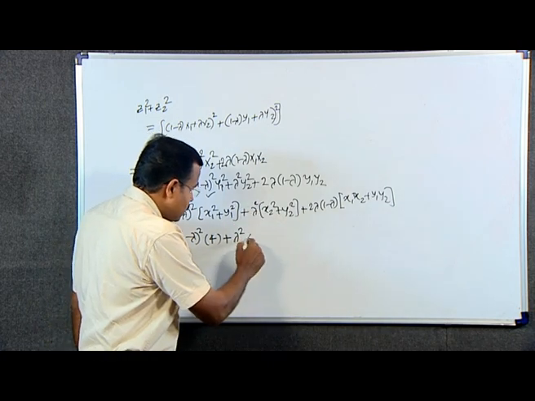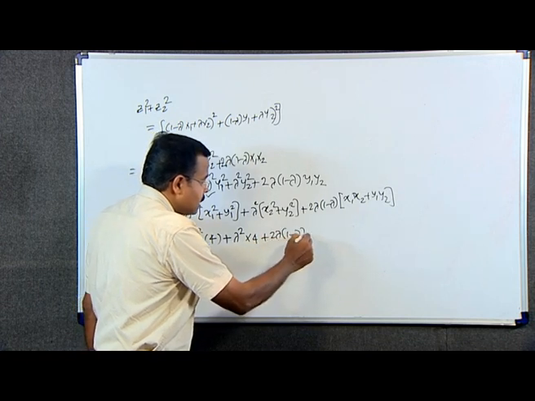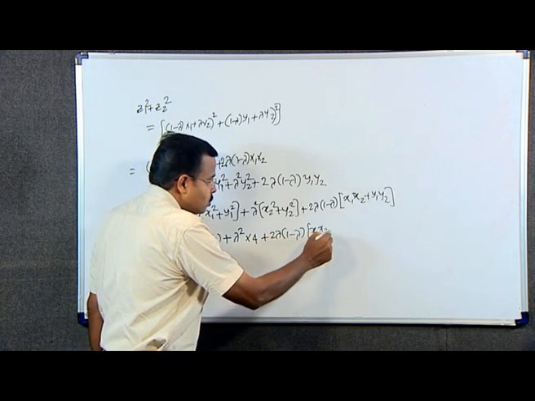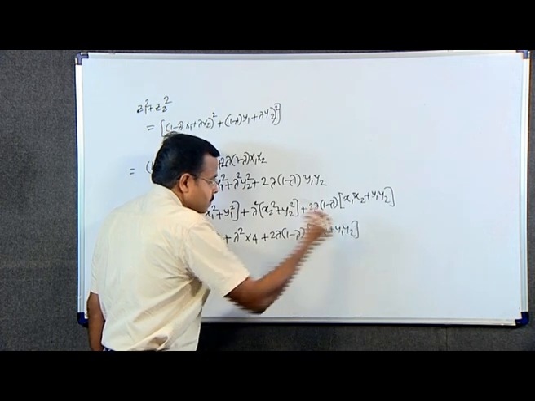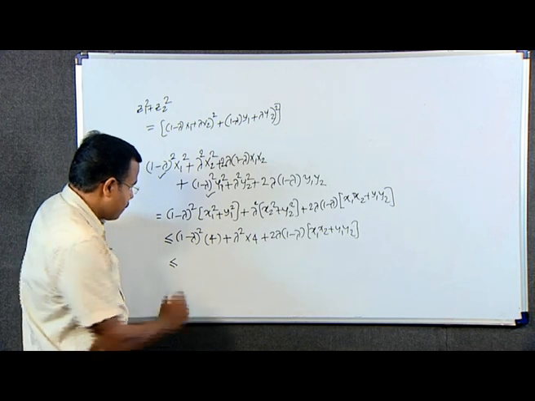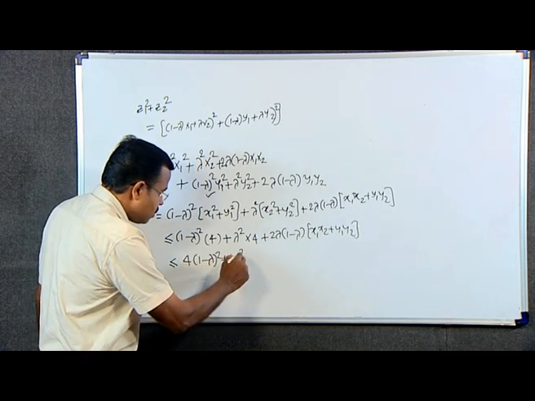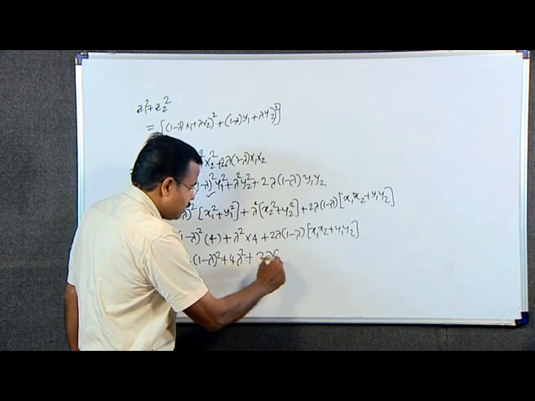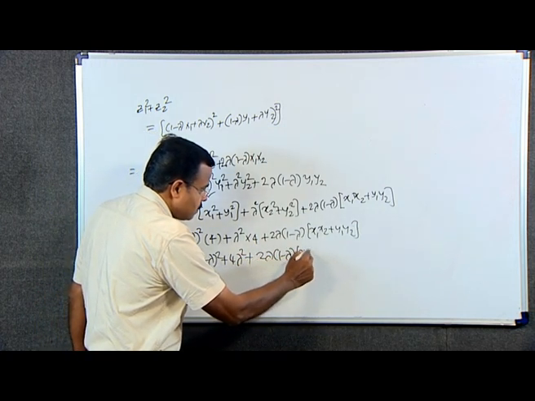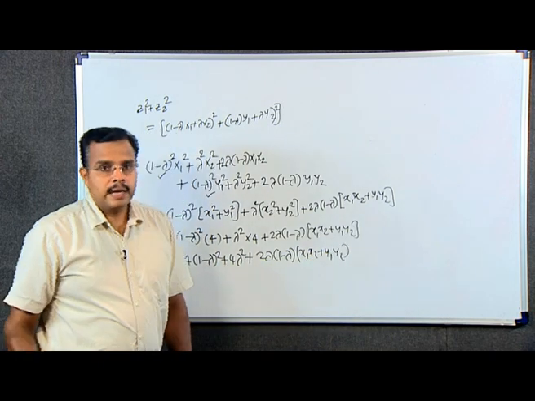So, lambda square into 4 plus 2 lambda into 1 minus lambda into x1 x2 plus y1 y2. So, that means 4 into 1 minus lambda the whole square plus 4 lambda square plus 2 lambda into 1 minus lambda into x1 x2 plus y1 y2. We are getting it like this.